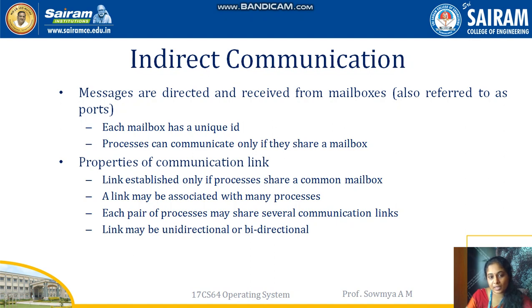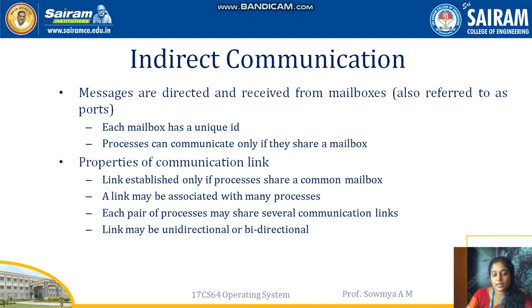A link is established only if the processes share a common mailbox. If a group of processes shares a common mailbox, then instead of one sender and one receiver, more than one sender and more than one receiver can use a common mailbox, and links are established from the common mailbox to the processes.